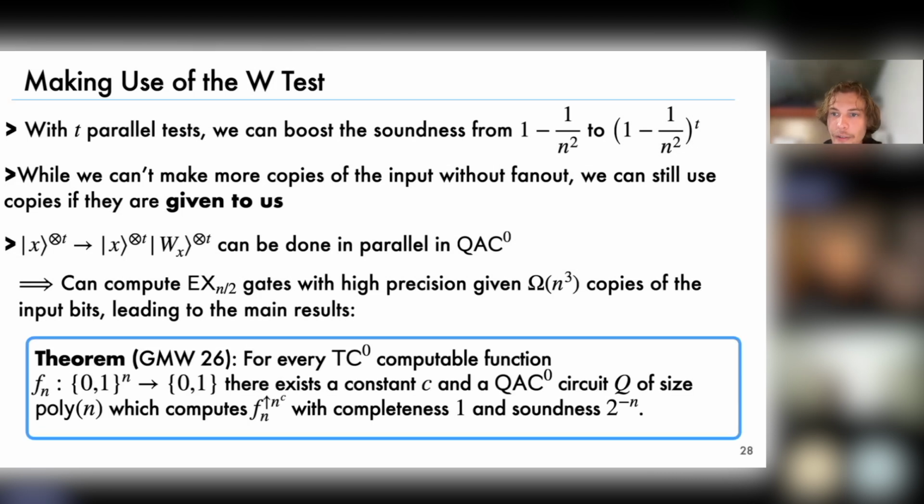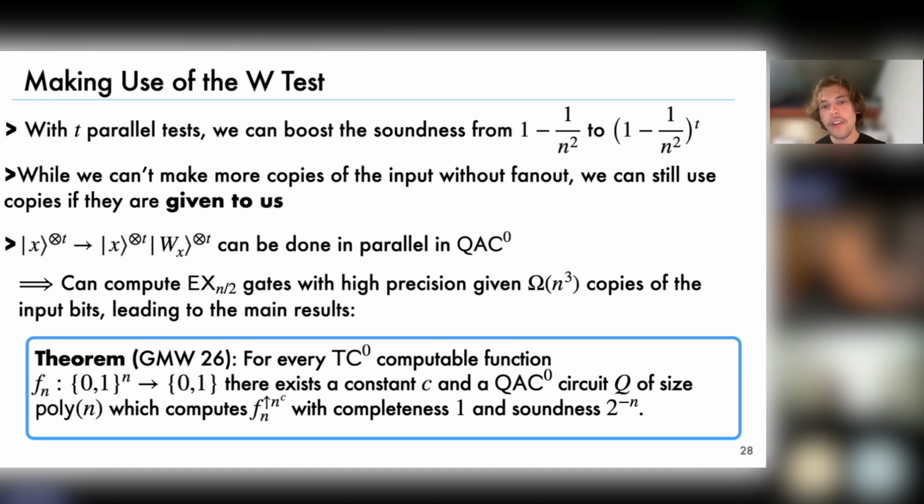And I'll just mention that the result follows because once you can compute exact n/2, from there you can build a TC0 circuit. The more common definition of TC0 is that you can have majority gates in your circuit, but the definition of TC0 doesn't change if instead of majority you say exact n/2, this exact threshold function.